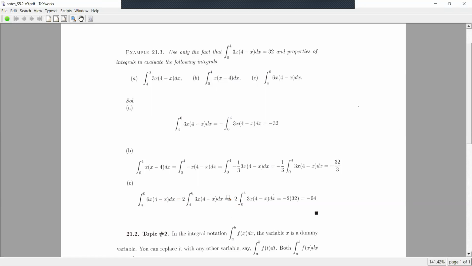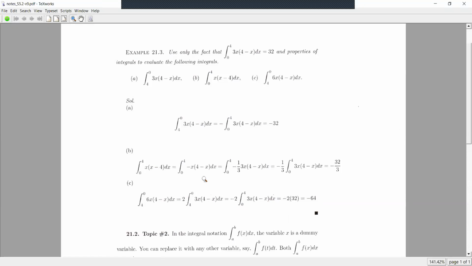Then I have this equation. Okay, now this integral is exactly the given integral. It is 32. So the answer is negative 2 times 32, negative 64.